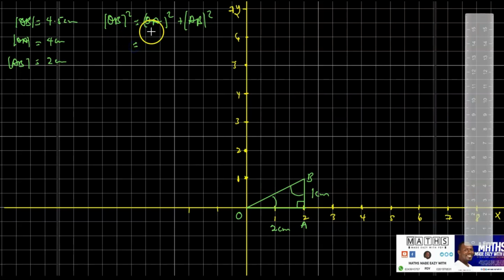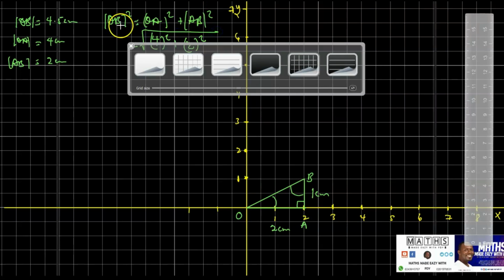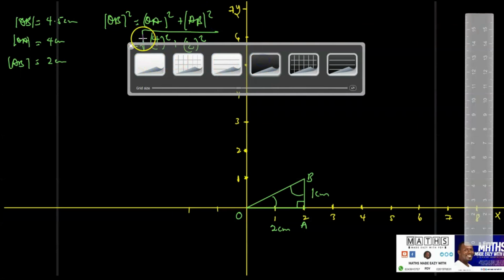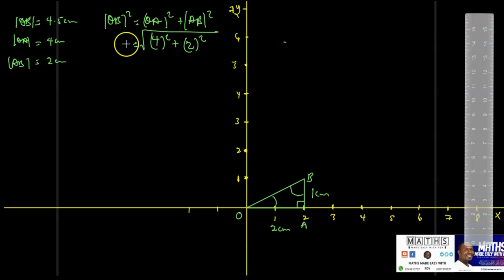Is it true that if I find OA, which is 4 squared, plus AB, which is 2 squared, and I find the square root of that answer, will it be equivalent to 4.5?